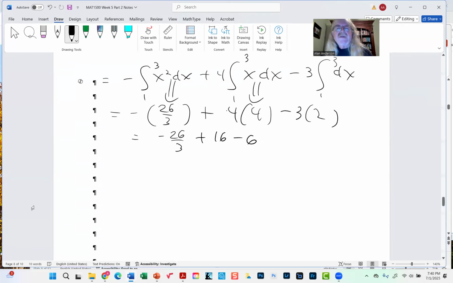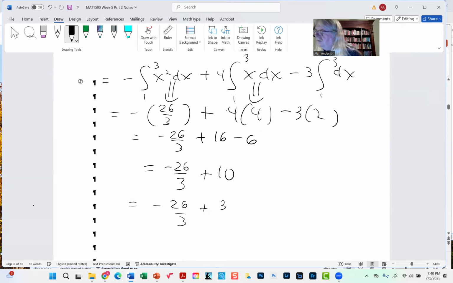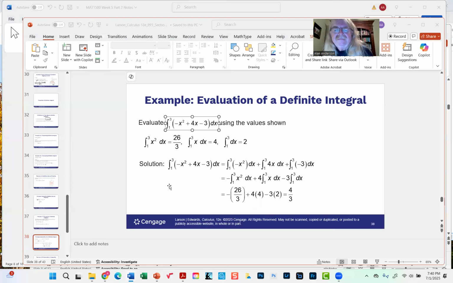All right, so we have minus 26 thirds plus 10. So that's 4/3. So whatever this function is, the area underneath it is 4/3.